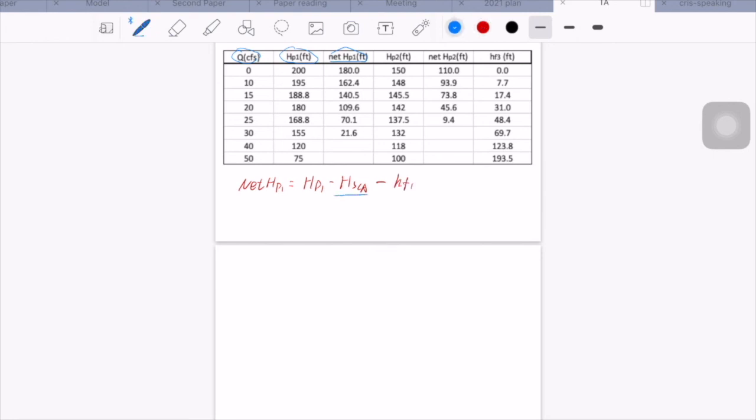HSCA equals 20 feet, and HF1 equals K1 times Q squared, so equals 0.126 times Q squared. So we know the Q, so we can determine the net HP1 in this column.